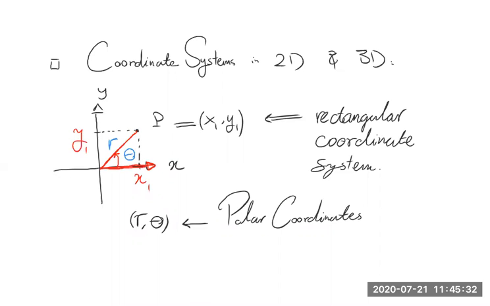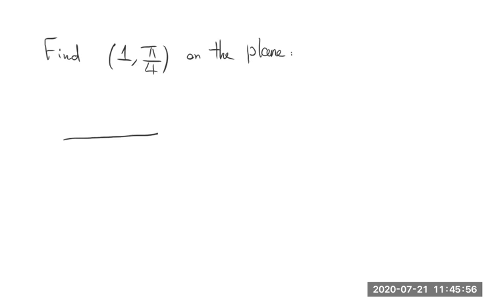So for example, in the polar coordinate system, if we are asked to find the point (1, pi over 4) on the plane, it simply means: look at the angle pi over 4 from the positive direction of the X-axis, and then in that direction, consider the segment with length 1.